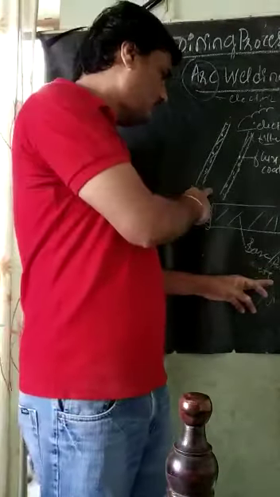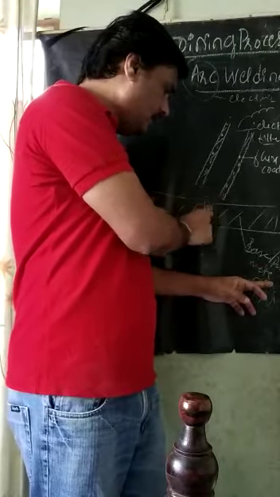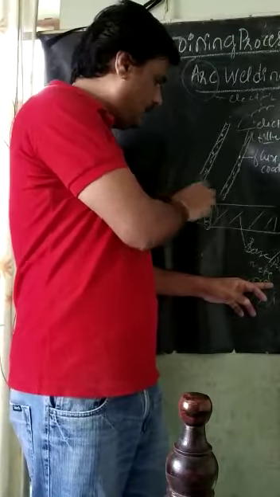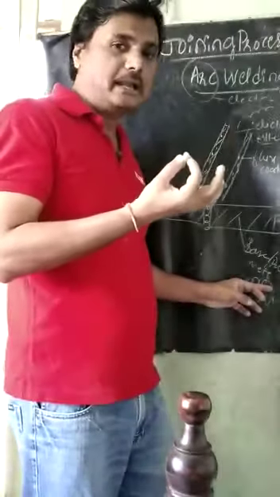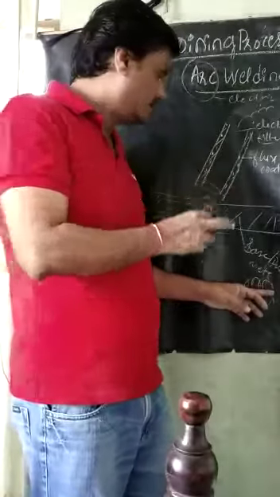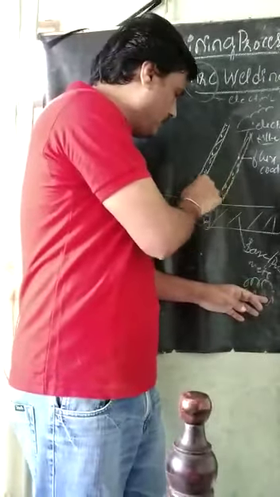So what happens when it comes nearer? The parent metal as well as the welding rod will start melting. Once it starts melting, the flux also starts melting, so fumes will be produced.